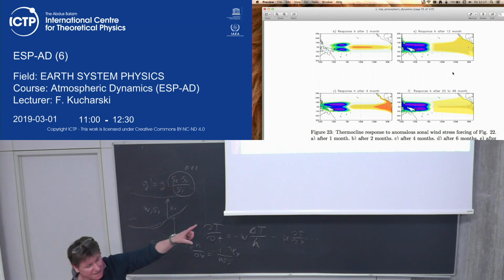How well this equation is valid even in this case.